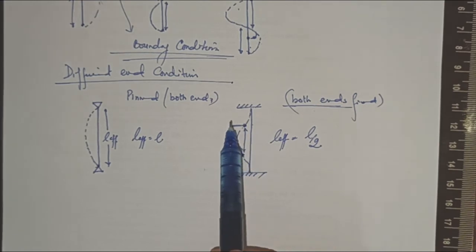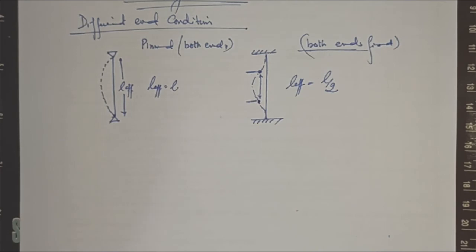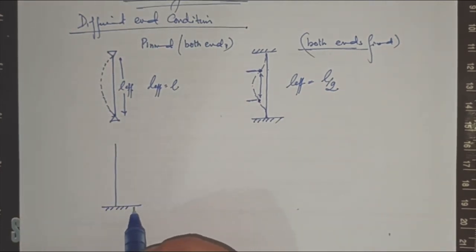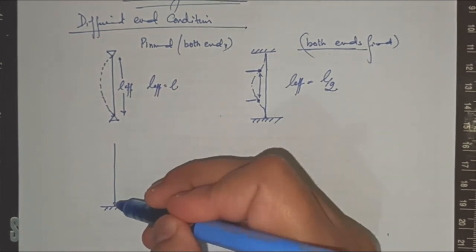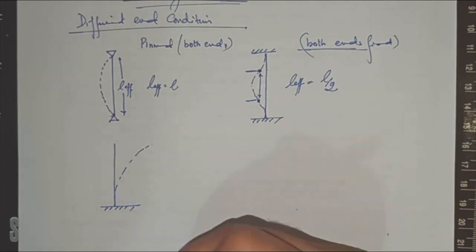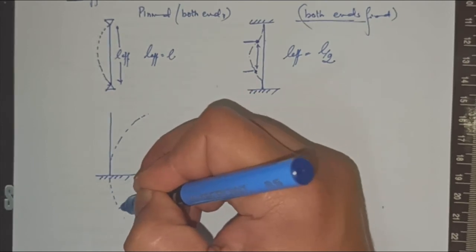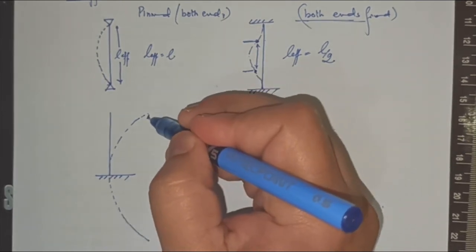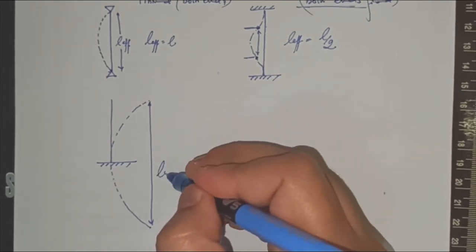In another case, we have one end fixed and one end free. In this case, the effective length again goes like this only, and you can also mirror image it to the other side to take up the overall length.